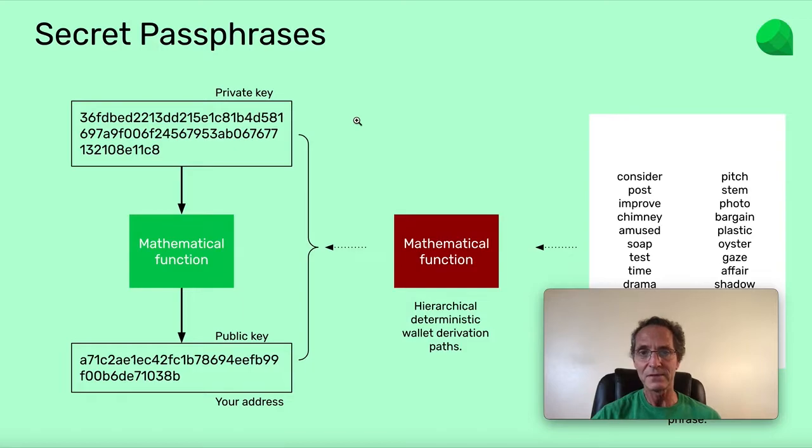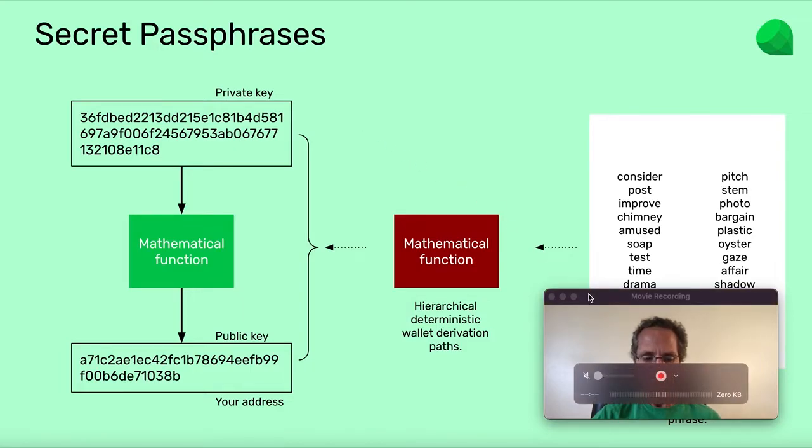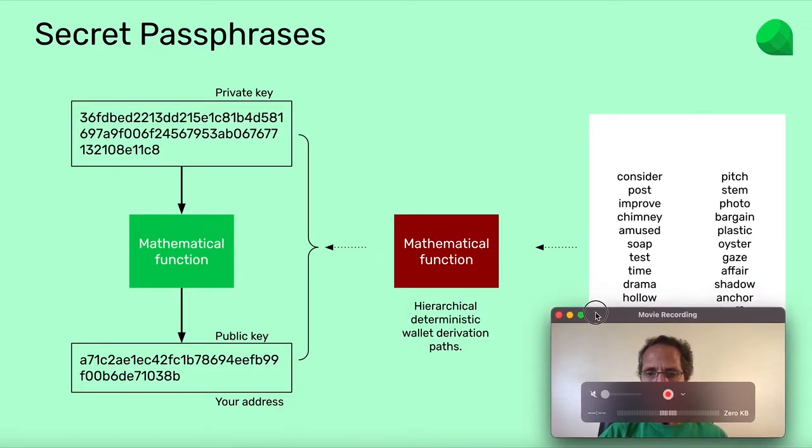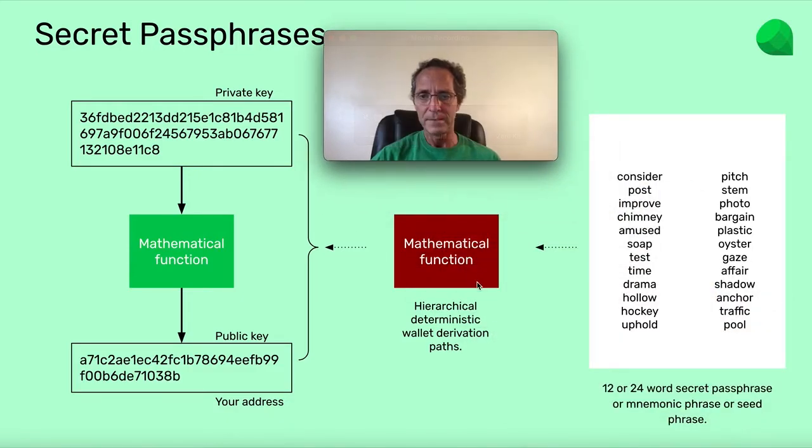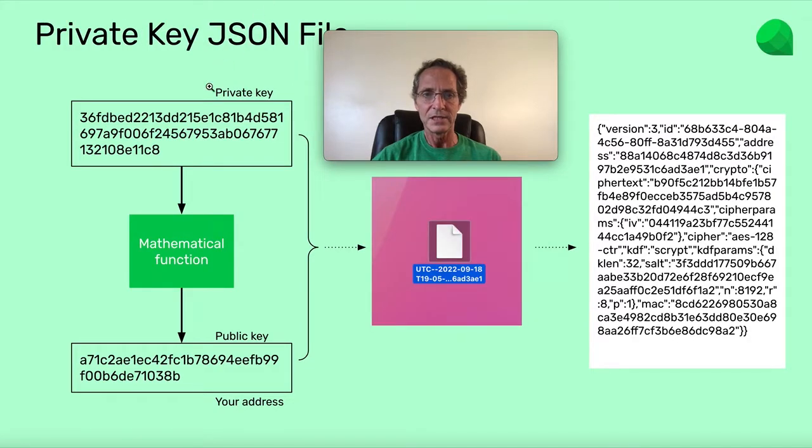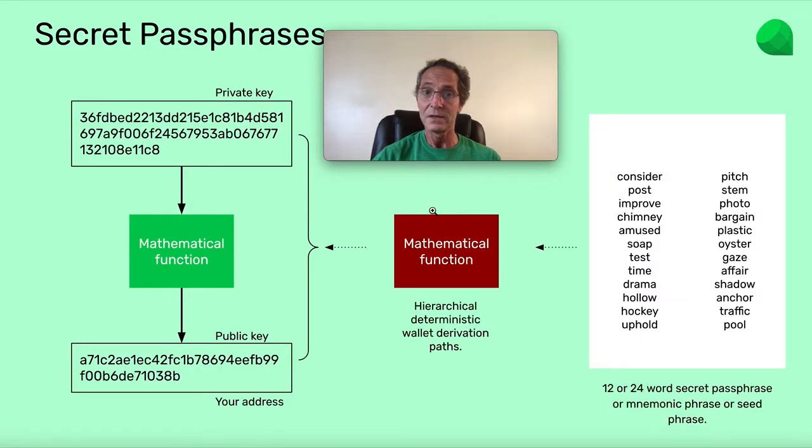Then we have another format, which is the secret passphrases. This was invented in the blockchain industry to manage private keys. Basically, it works the other way around. As I showed with the JSON file, it transforms the private and public key into a file and shows it like this. In the case of the secret passphrase, it's in the other direction.